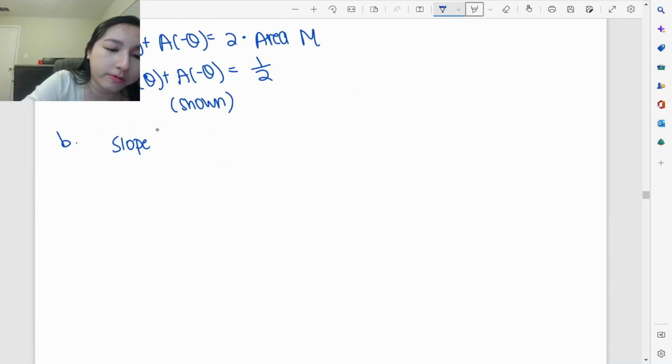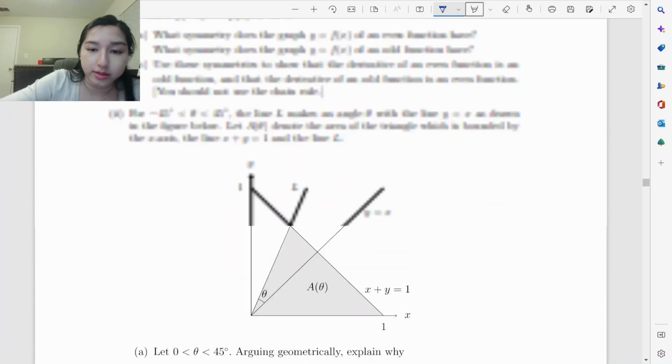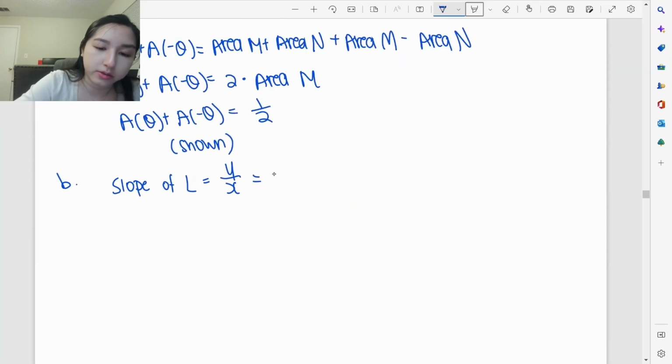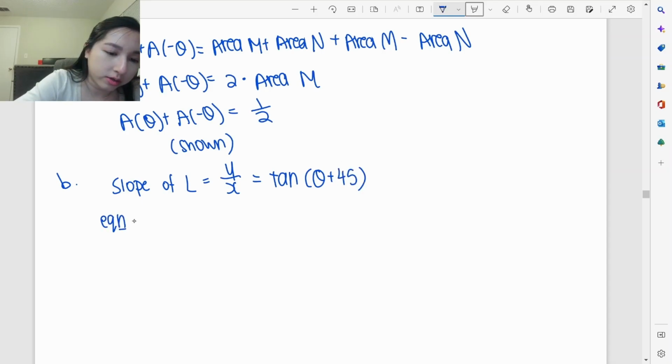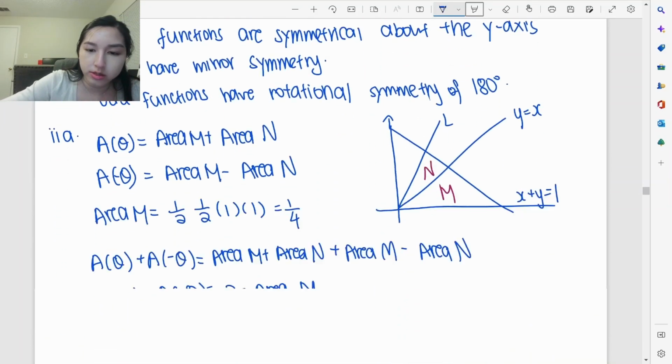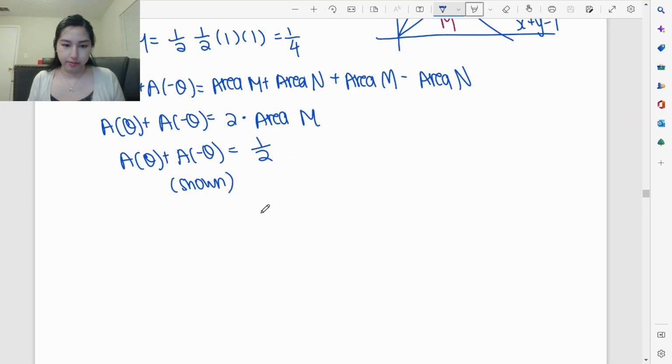The slope of L equals y over x, and y over x is literally just tangent of theta plus 45. So the equation of L is y equals mx plus b, where b is the origin.